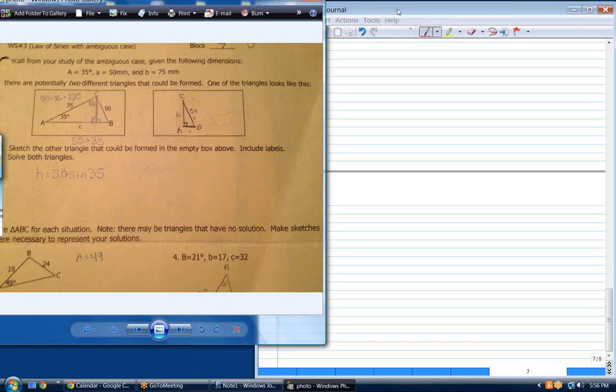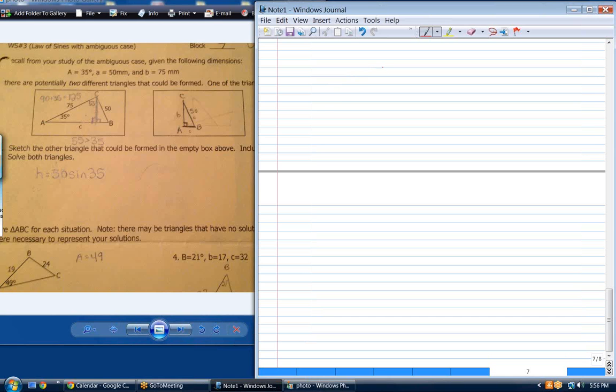All right, let's talk about this situation. If that's one triangle, the other triangle is always that. In other words, the big triangle is one triangle, this is the second triangle. It's not drawn. You don't drop an altitude and make that your second triangle.